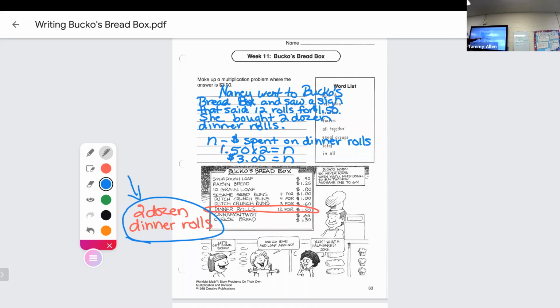Is that what we're looking for here? So do the two match up? So can we ask that question? How much money did she spend on dinner rolls, right?